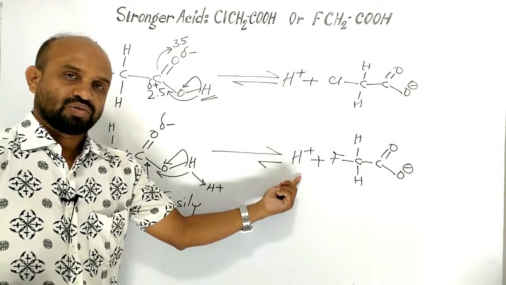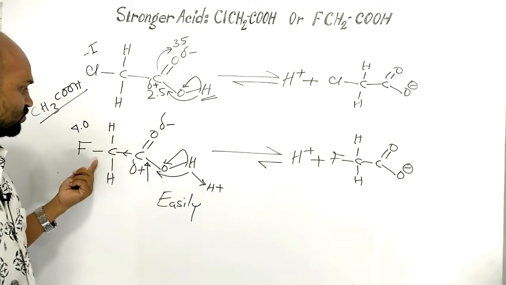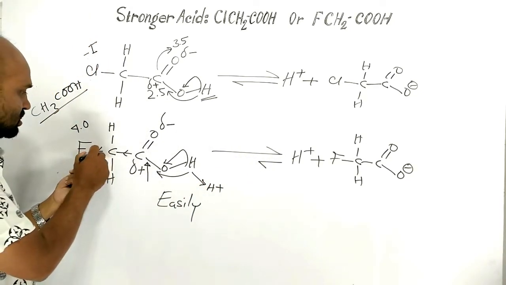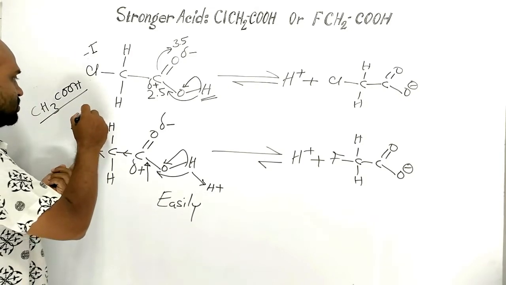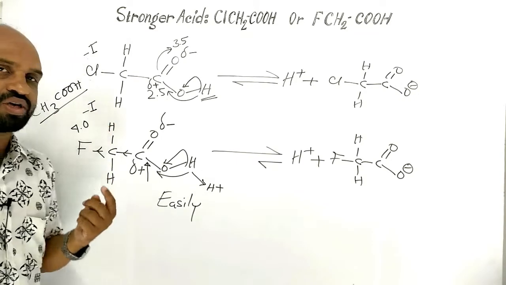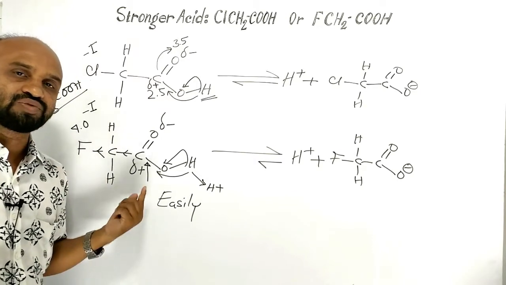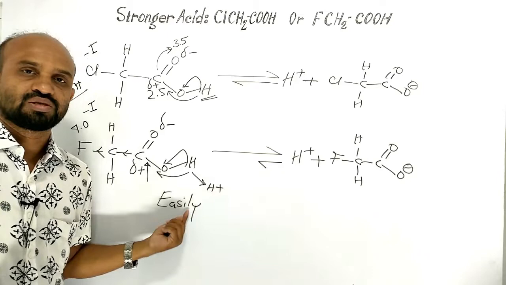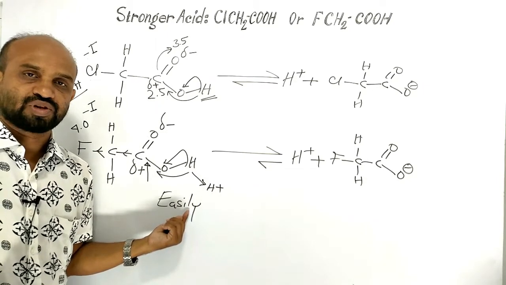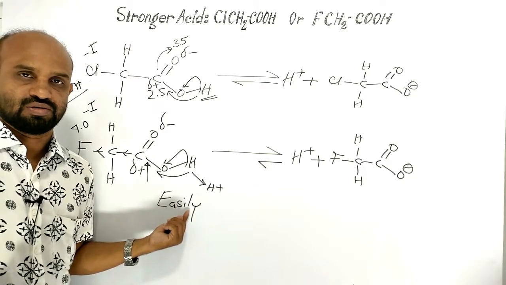Here fluorine acts as a negative inductive effect atom that helps the molecule to produce a proton from this OH group after heterolytic fission.